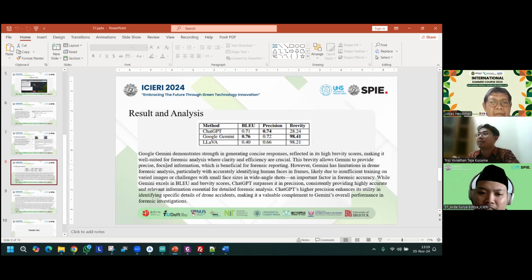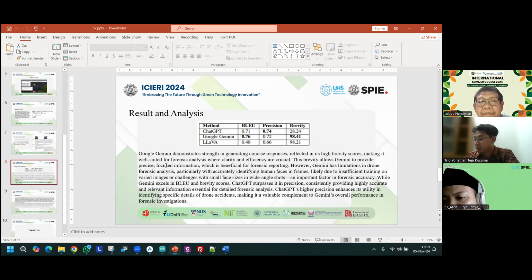While Gemini excels in BLEU and brevity scores, ChatGPT surpasses it in precision, consistently providing highly accurate and relevant information essential for detailed forensic analysis. ChatGPT's higher precision enhances its utility in identifying specific details of drone accidents, making it a valuable complement to Gemini's overall performance in forensic investigation.